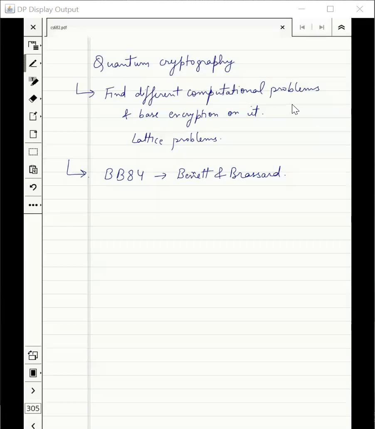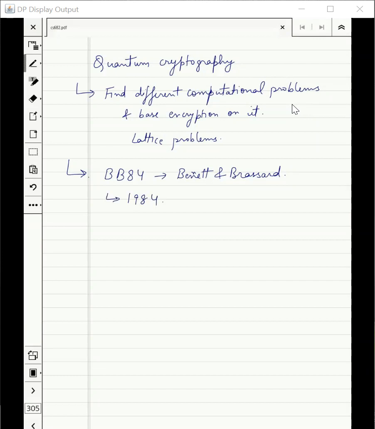What we will look at is this BB84 protocol. This is by Bennett and Brassard. There are too many double letters in these authors' names. I might be missing a few. I'm sorry for that. This was presented to the scientific community in 1984.